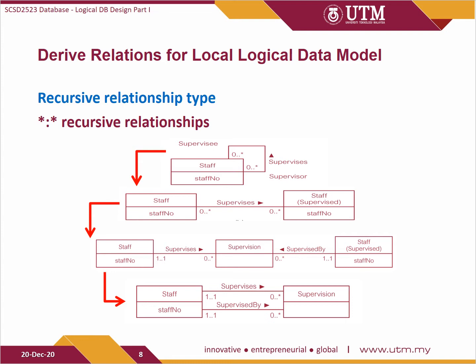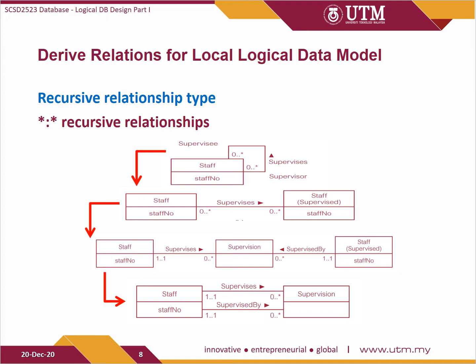Okay, so for the many-to-many recursive relationship that I've explained just now, at the beginning you will have staff with the attribute staff node, supervisor, supervise, supervisee. You need to convert this many-to-many recursive relationship into a one-to-many binary relationship, following the rules of participation for one-to-many.